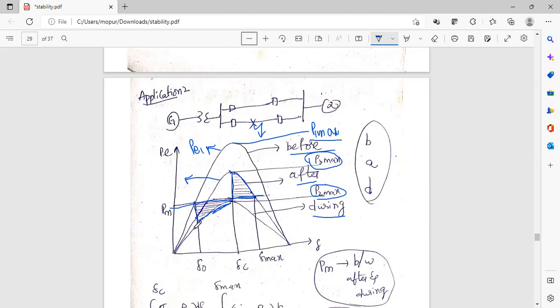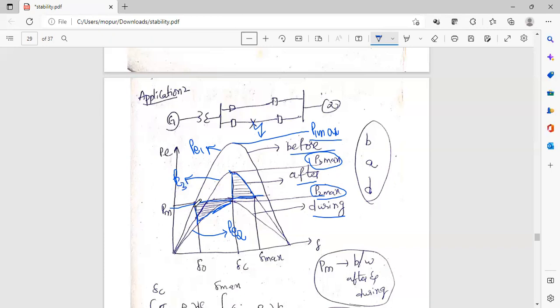Then this is the during curve. During is PE2, the second thing we should find. PE2 is equal to P2 max sine delta 2, so we are taking the curve peak as P2 max. Then the third graph is after, that is PE3, which is equal to P3 max sine delta 3. So the corresponding peak is P3 max.